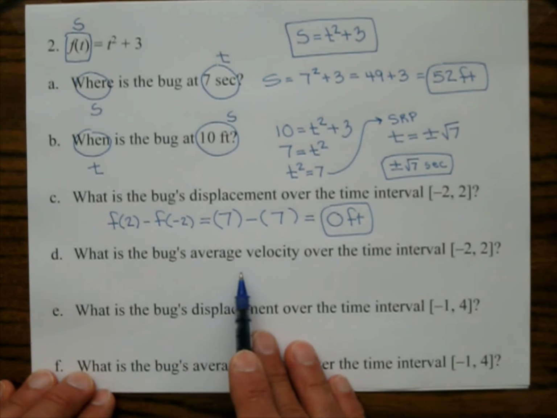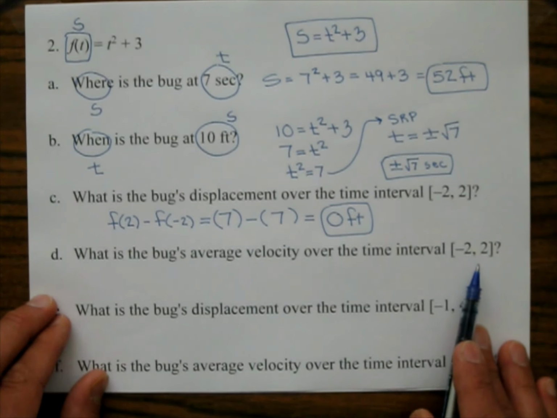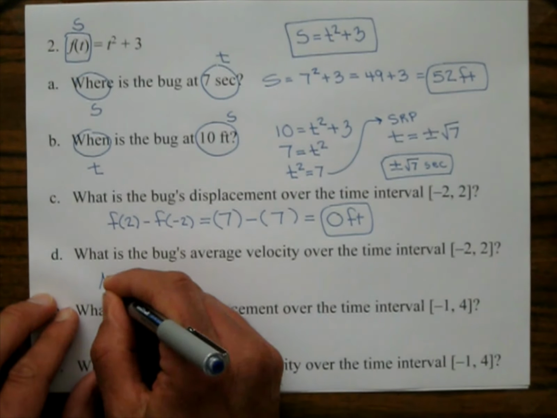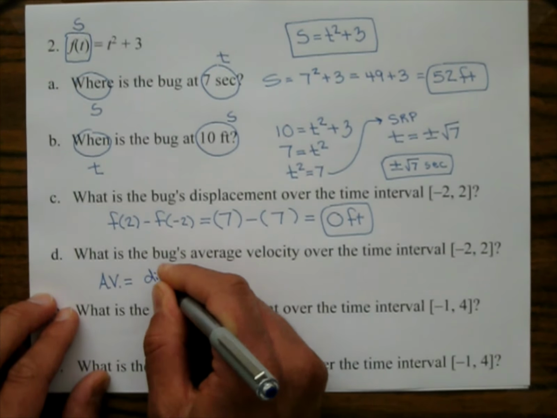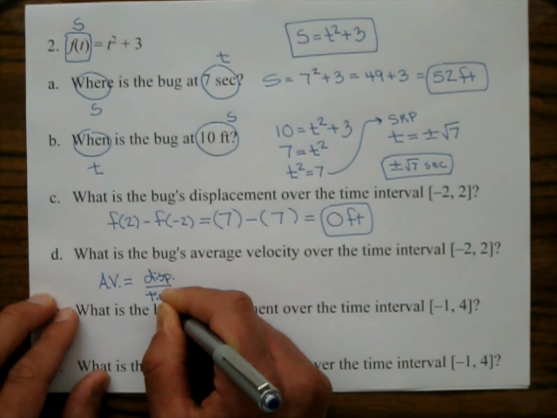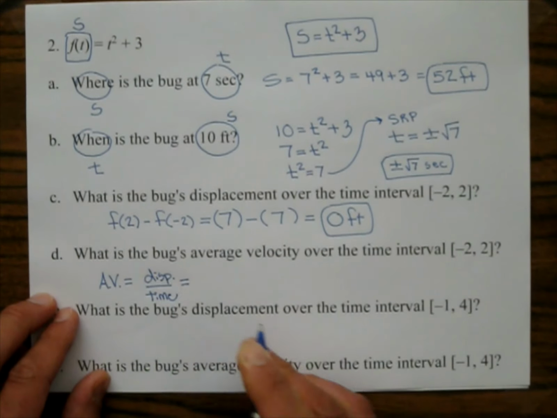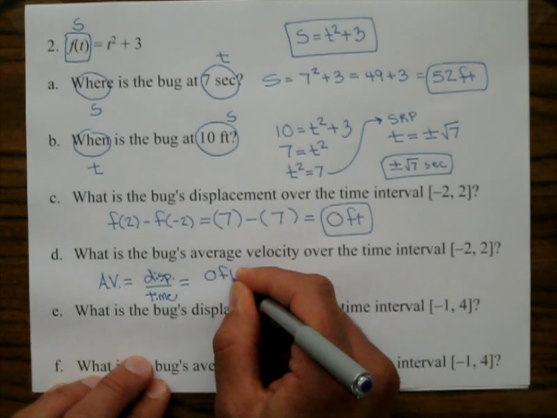What is the bug's average velocity over the same time interval? Well, the average velocity is the displacement over the time. The displacement we found from the last one to be 0 feet.